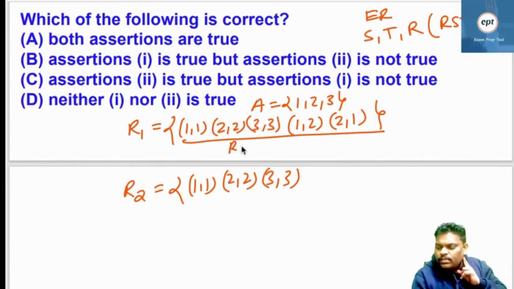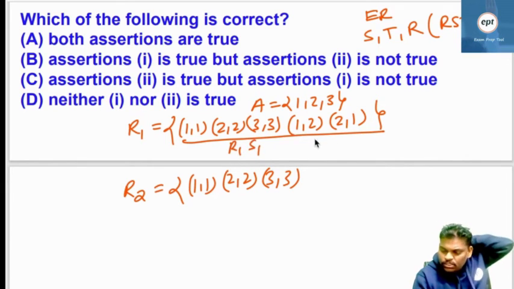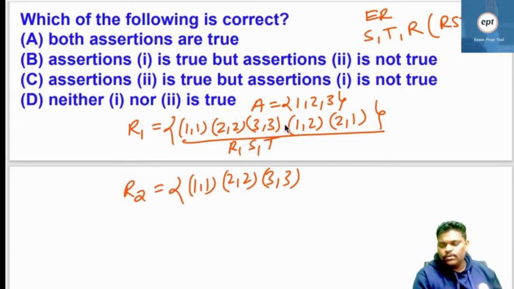So reflexive is there, symmetric is there. See the transitive. 1, 2, 2, 1. So 1, 1 already there. 2, 1, 1, 2. 2, 2 already there. So everything there, it is transitive also. Please check properly class notes.